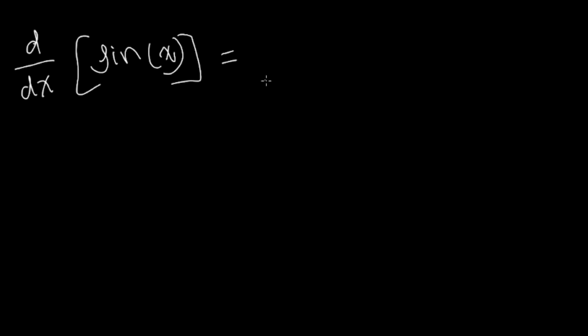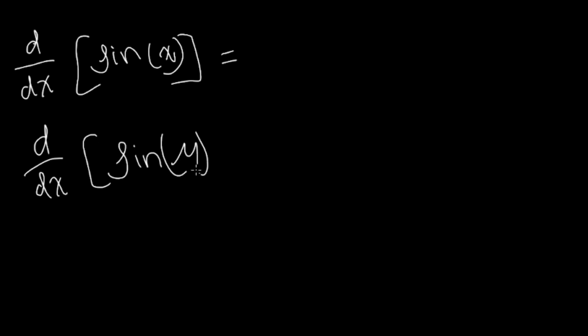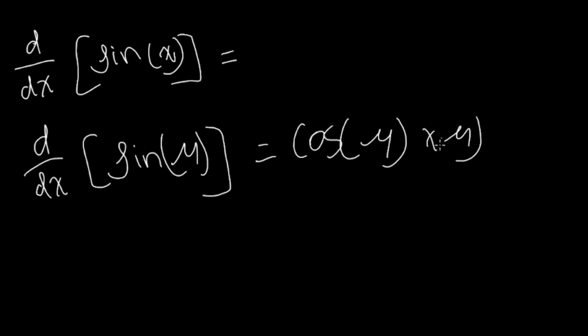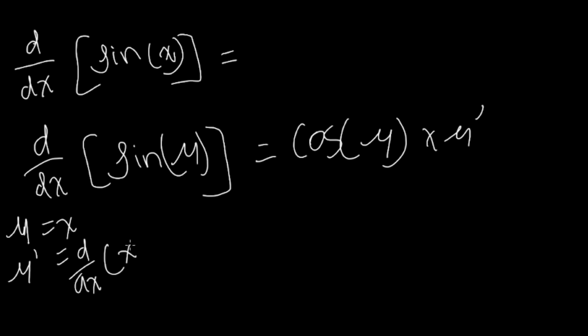We know the derivative of sine u is equivalent to cosine of u times u prime. Here u is again equivalent to x, and u prime is the derivative of x, which, as we saw in the last example, was 1.